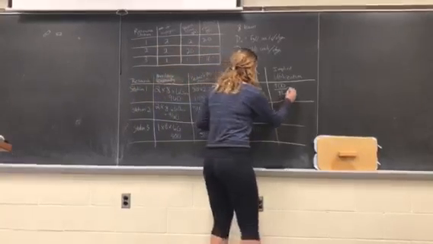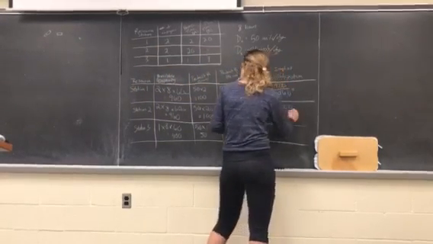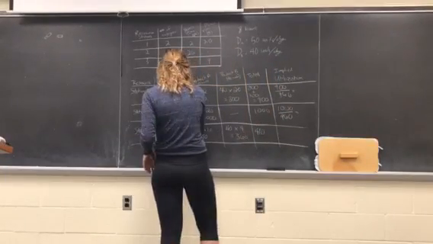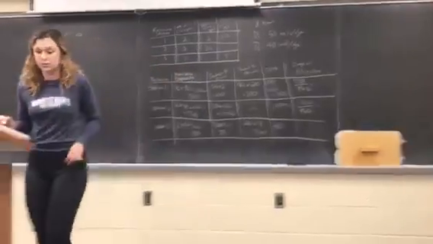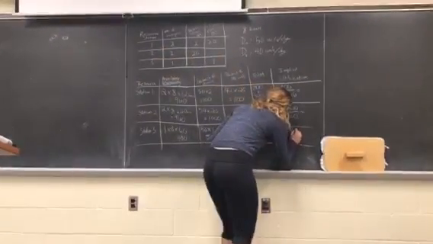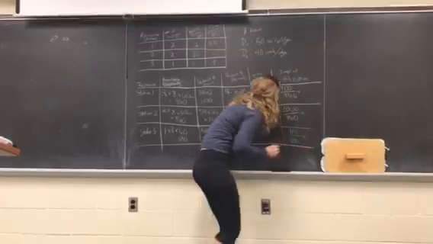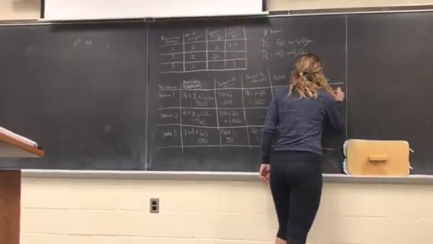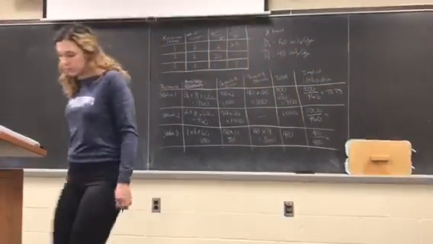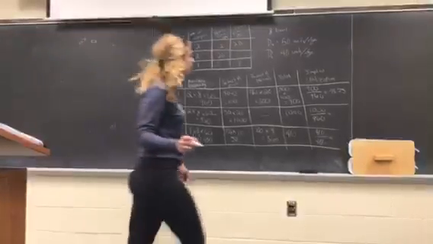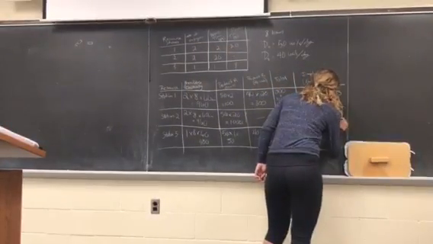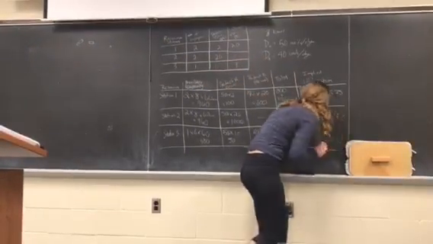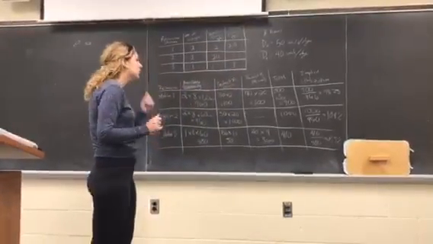So for this one, that 1,000 divided by 960, and then 410 divided by 480. So that equals 93.75%, 104%, and 85%.